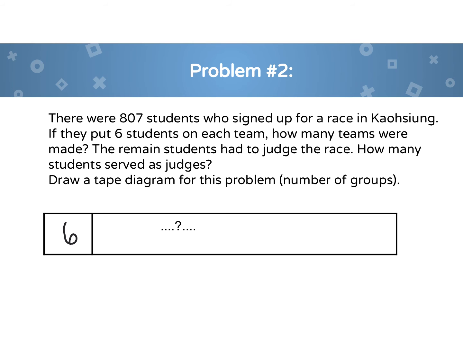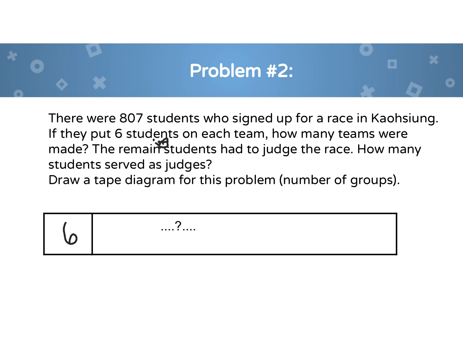How many groups of 6 will there be? So this is how I drew my tape diagram. Okay, so I'm answering a couple of questions. How many teams were made? And then it says then the remaining students had to judge the race. How many students served as judges?